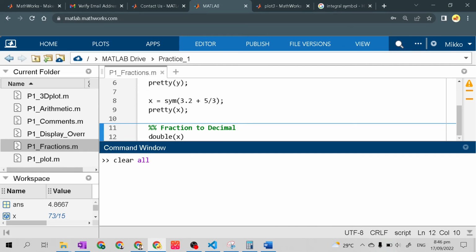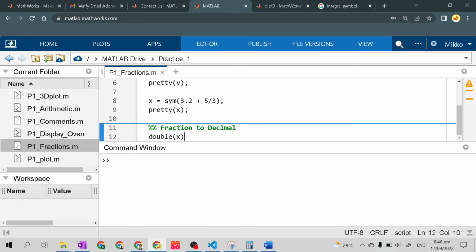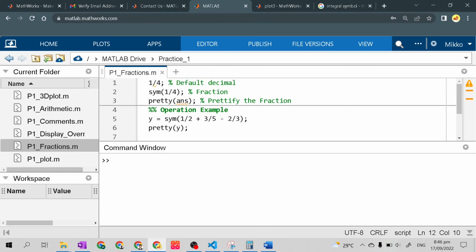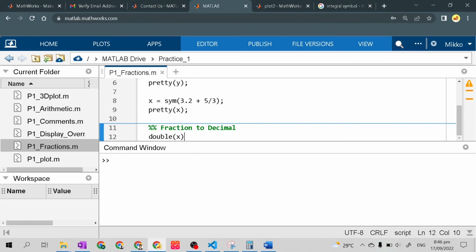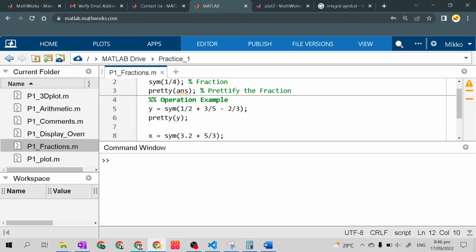CLC. And let's run again. All of them should not be mirrored in the command window, only double x, the decimal of 3.2 plus 5/3.